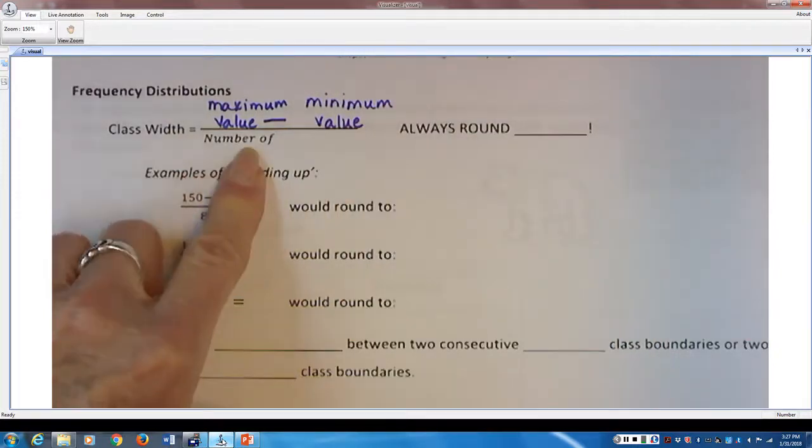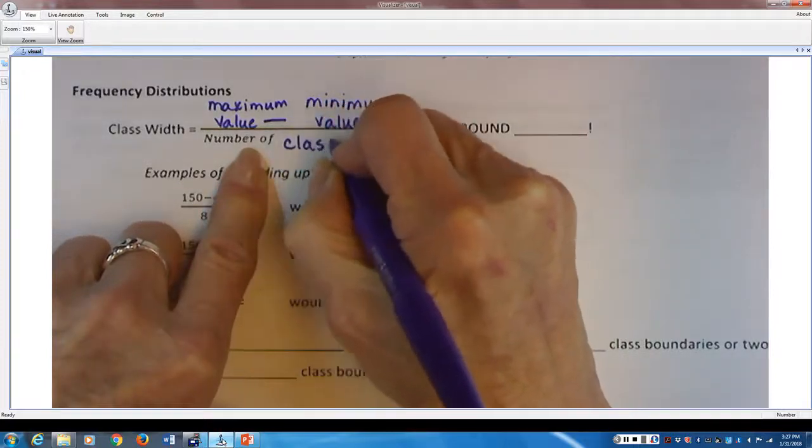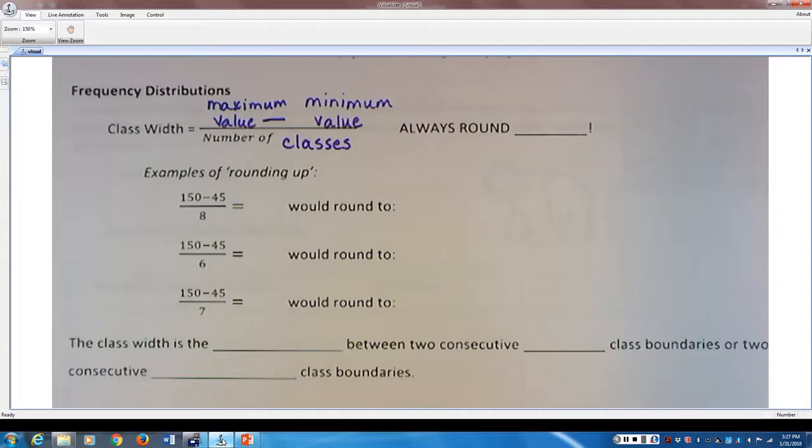And then you divide that by the number of classes. How many classes do you want? And this is key. And this is the only time you need to worry about doing this. Everybody in here probably already knows how to round numbers. If it's 13.12, you round that to 13.1 or you round it to 13. If it's 13.5, you round that up to 14. Okay, if we were rounding that way.